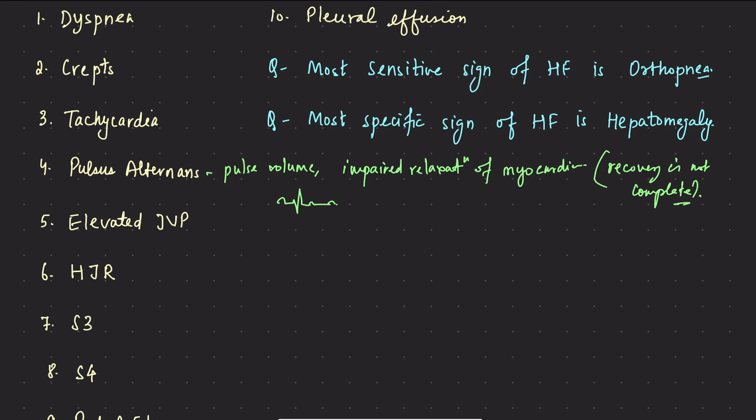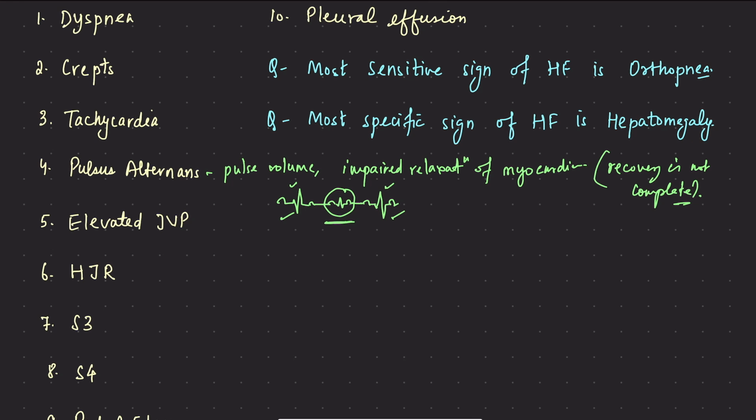In the second cycle there will be a low volume complex, and it is the time taken by the myocardium to recover. And in the next there will be a normal-sized complex. So one normal complex, one small complex, and the next complex is again normal. That is, recovery has occurred, and this is the time taken by the myocardium to recover itself. So this is basically pulse volume. In this particular electromechanical cycle, the pulse volume will be low. It will be normal in this cycle, normal in this cycle.